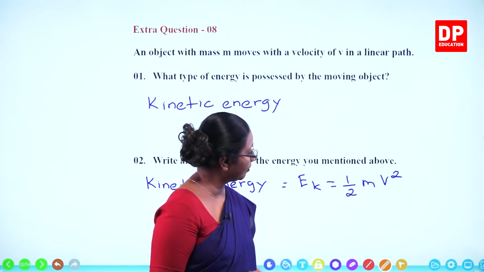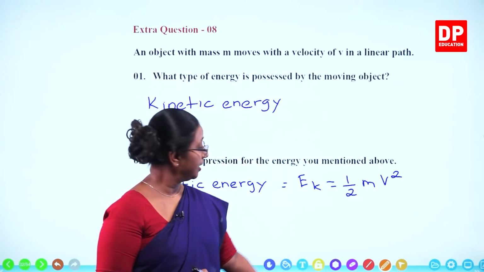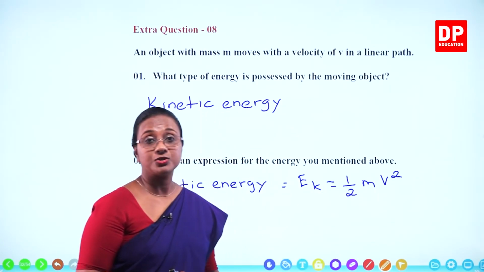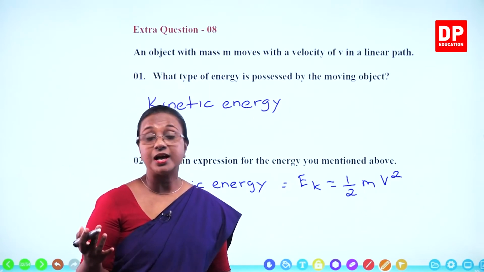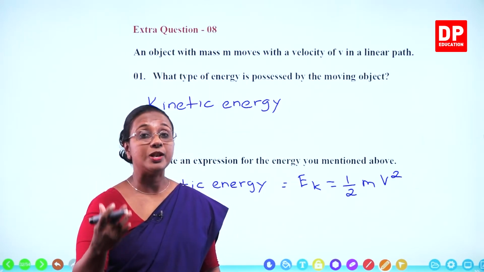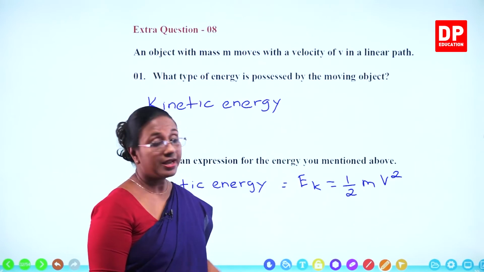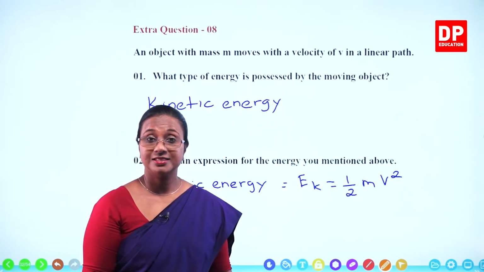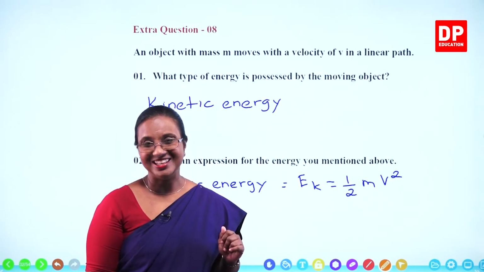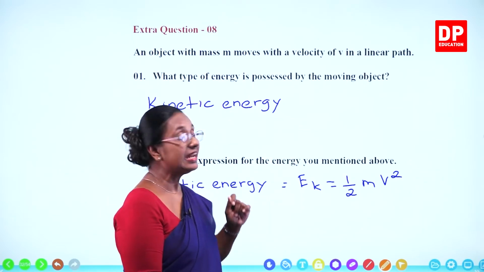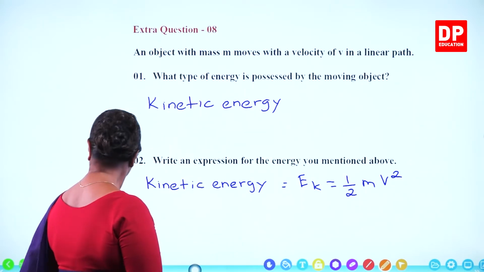That is a direct question. E kinetic equals half mv squared. It depends on mass and velocity. When the mass increases, kinetic energy increases. When velocity increases, also kinetic energy increases. I'm sure you all wrote these correctly, students. With that, I'll move on to the next question.